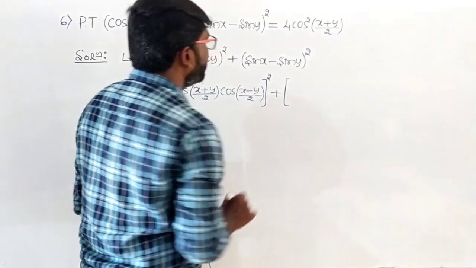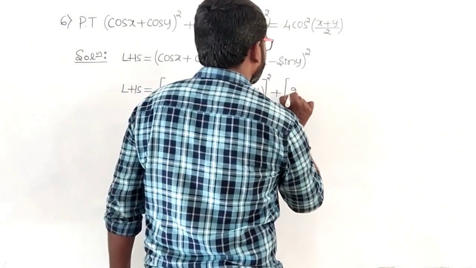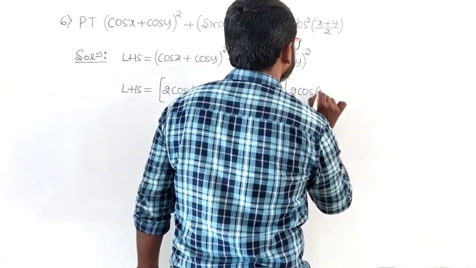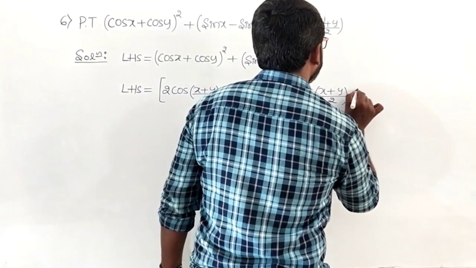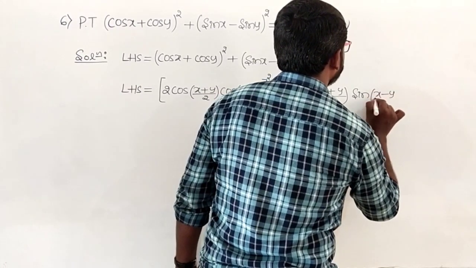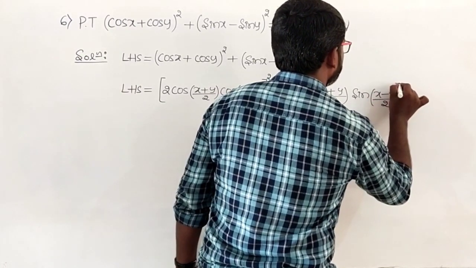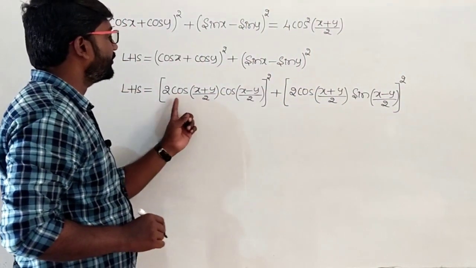Plus we have sin x minus sin y, it is 2 cos of (x plus y) by 2 into sin of (x minus y) divided by 2, and then there is a whole square. So now the square applies to all the three terms.